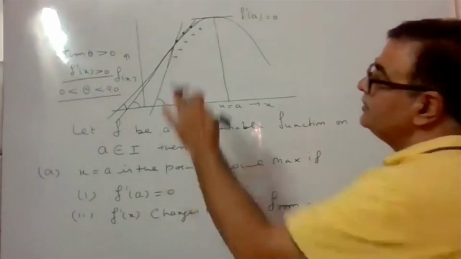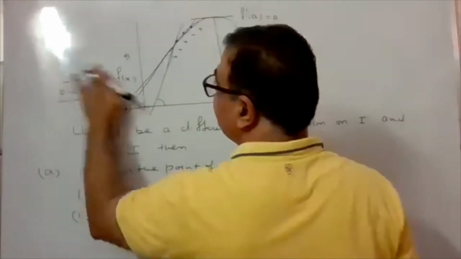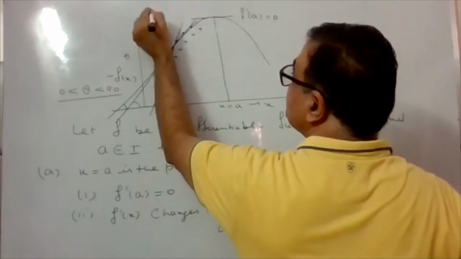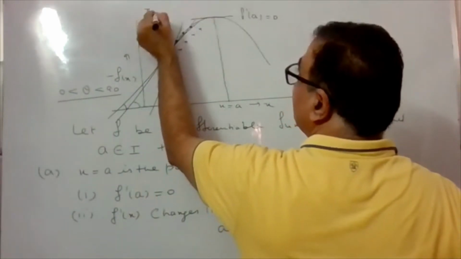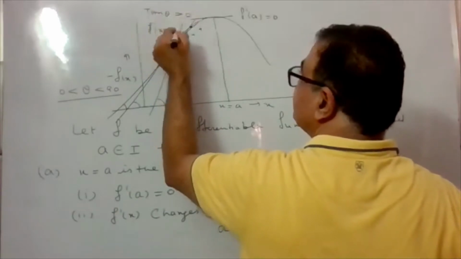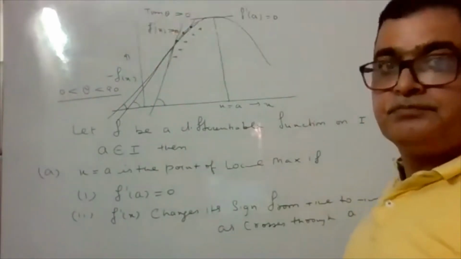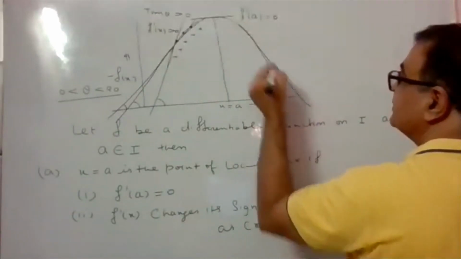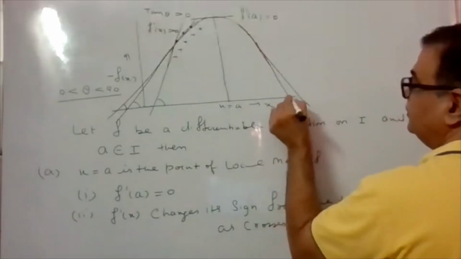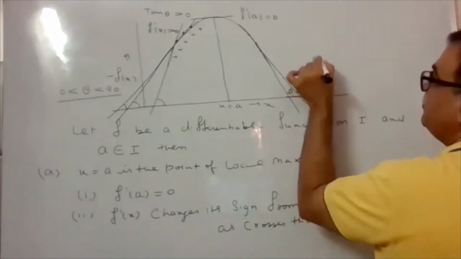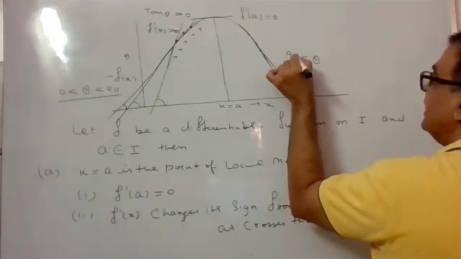So in this part, theta is between 0 and 90, which means tan theta is positive, and f dash x is also positive. When you go to this side and draw the tangent at any point, the slope angle theta comes out between 90 and 180.